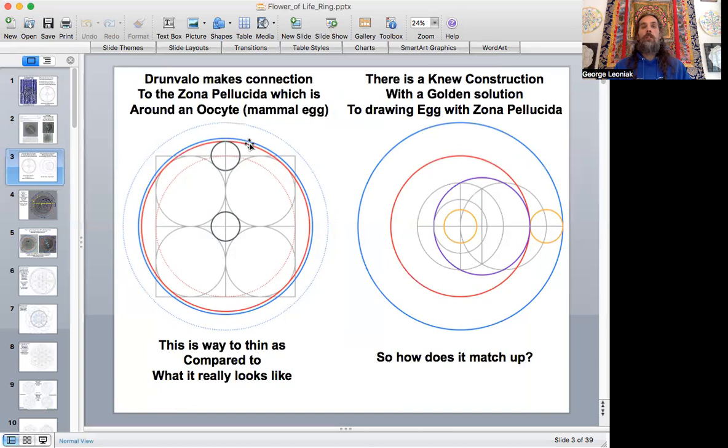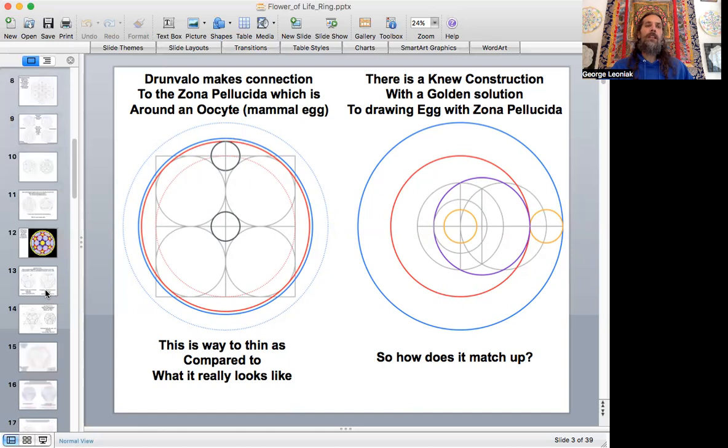I'm not sure how he came up with this. I know he tried to base this outer ring measurement and make the connections to the flower of life etchings that are on the temple of Abydos, temple of Osiris and Abydos. That inscription on the stone there has sort of this proportion. I mean, I'm going to jump ahead.